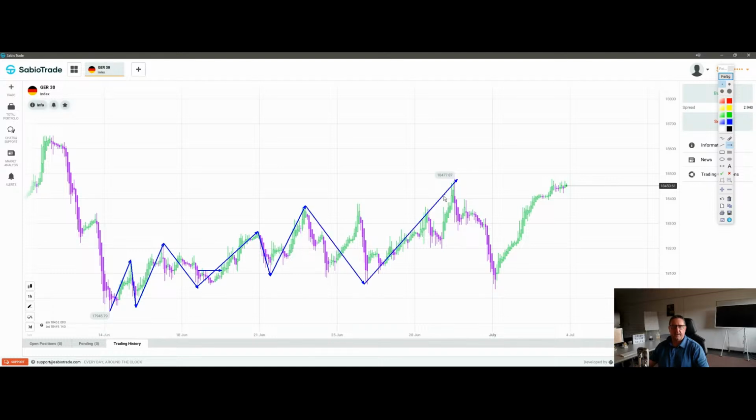Then you trail your stop loss, or as I said, this is what I'm doing. I have my stop loss and the ratio is 1:1. I do it on the upper side, and then I know, okay, somewhere there is my target. In, out, go away, take the money.